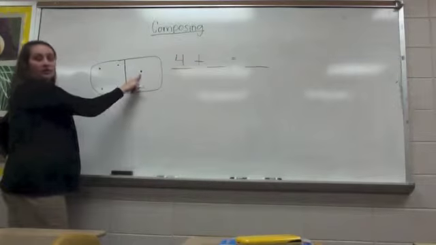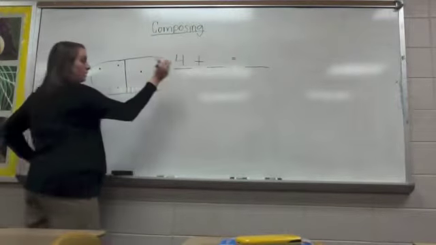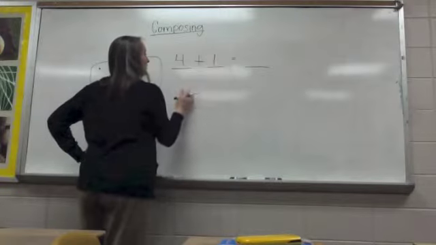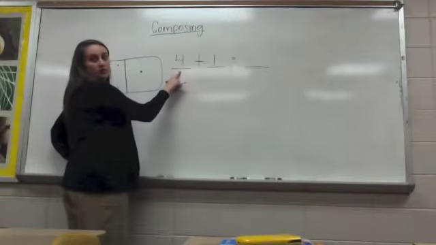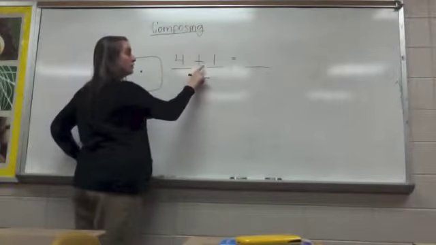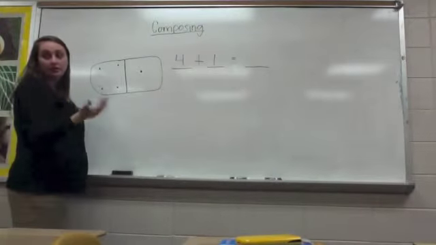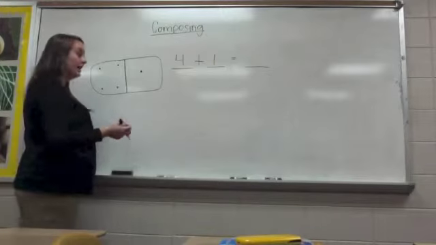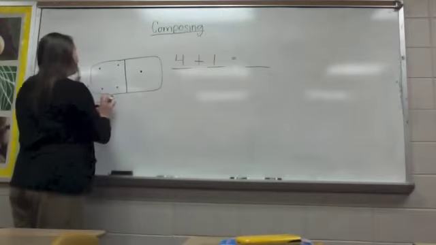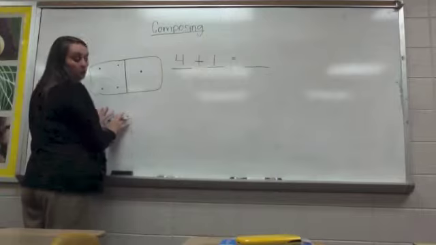What about the second one? 1. So what is our equation? 4 plus 1. All right. So plus we are adding, we are composing, we are taking 4 and adding 1 more.